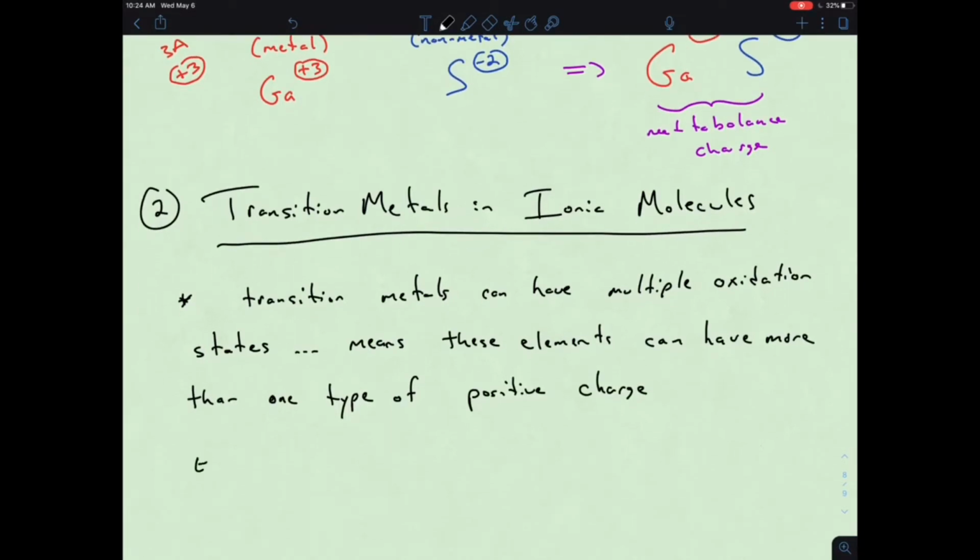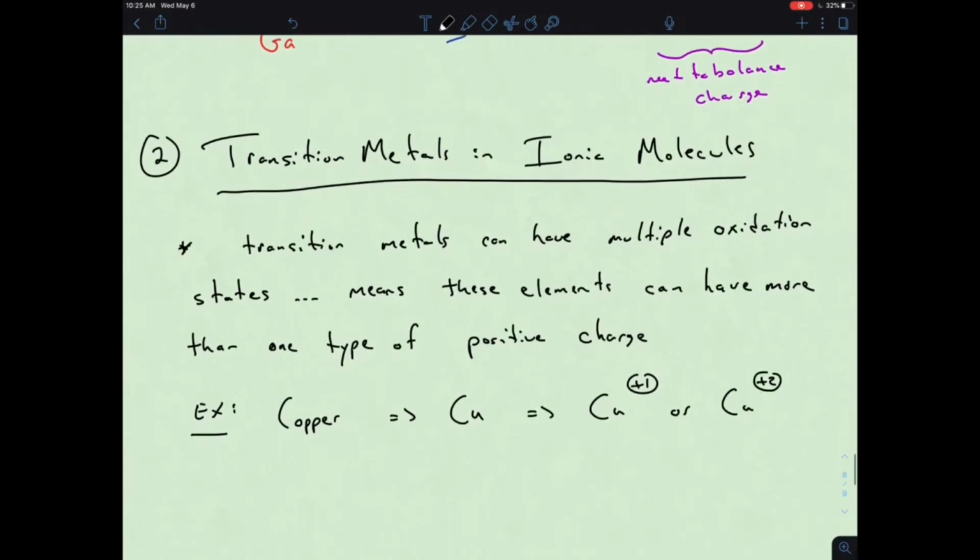For instance, copper. Copper has that atomic symbol of Cu, and copper can be in the +1 state or the +2 state. Or, for instance, iron, or Fe, can be in the +2 or the +3 state.